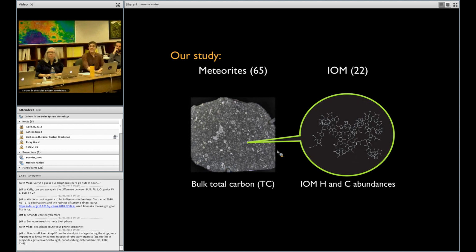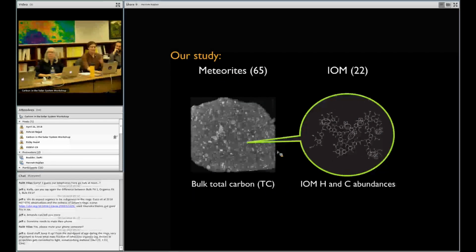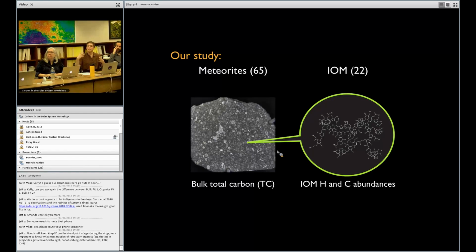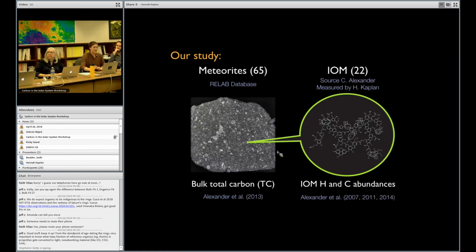And so what I've done is I have taken spectra of meteorites, and I've taken spectra of IOM, and I've used meteorite and IOM samples where we know something about their composition. So for the meteorites, we know their bulk carbon, we know their bulk hydrogen, a lot of values have been measured for these, and for the IOM, we know their hydrogen and carbon abundances is what I'll concentrate on.